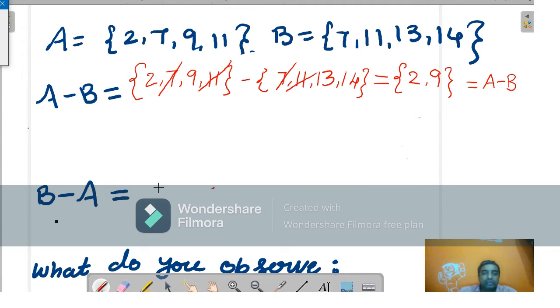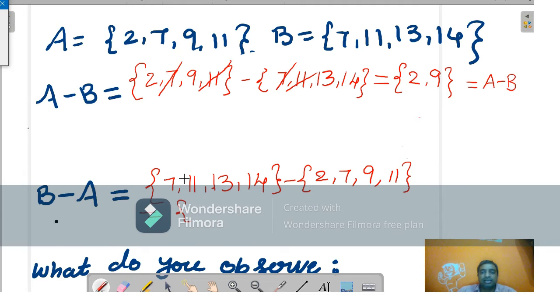Let us do one more: B minus A, with the same elements. B minus A means we write the first set B: 7, 11, 13, 14, minus A. A elements are 2, 7, 9, 11. 7 is common, cancel. 11 is common, cut it.